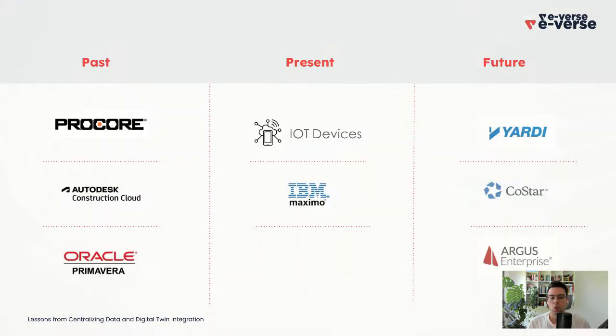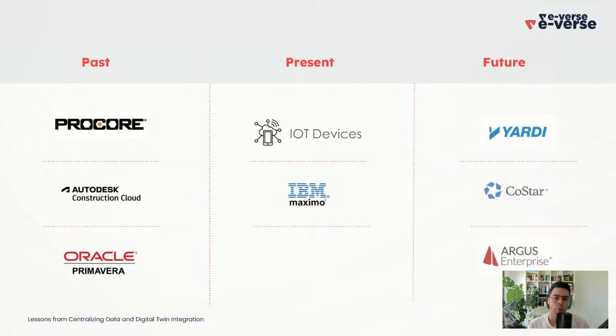We also divided it based on the software that they were already using. They were using Procore, Autodesk Construction Cloud, and Primavera. This was for past projects, I mean, projects that have already happened because they're already built. That's why you use these tools.